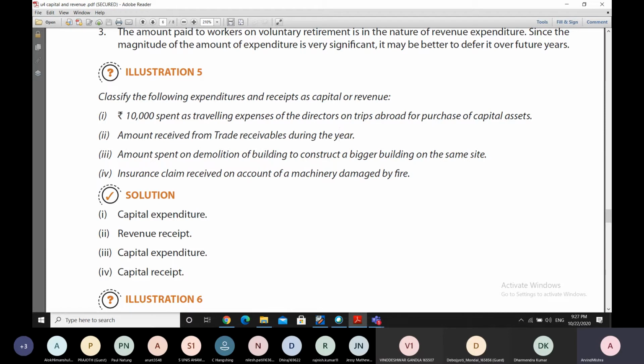And therefore almost a new asset is being created out of the ashes, and therefore this amount of insurance claim is a capital receipt because it is relatable to the capital asset.